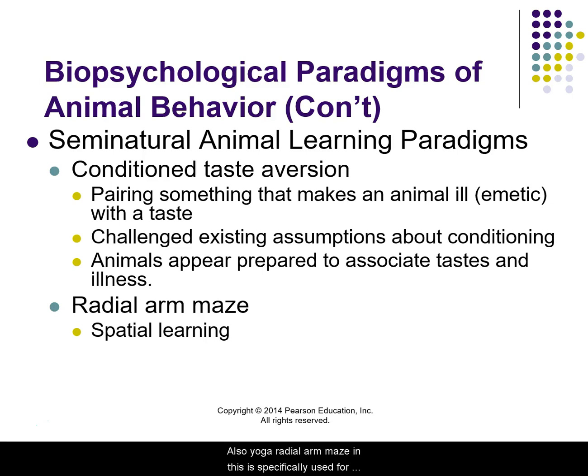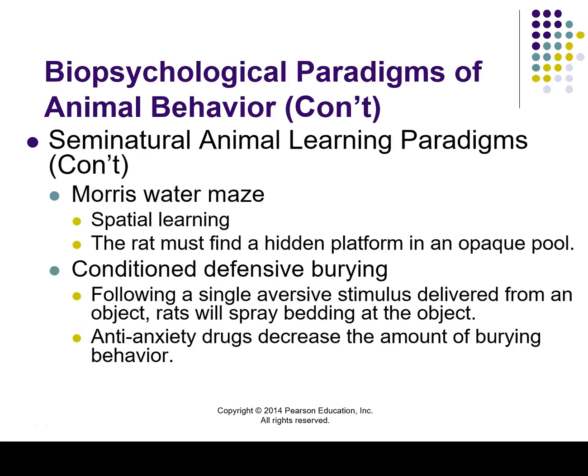Also, you have the radial arm maze, and this is specifically used for spatial learning. I think I have a picture of these coming up here pretty soon. The Morris water maze, you can think of that as like a barrel. It's kind of milky water there. Put the rat inside. He swims around, and just under the surface of the water is a little stool.